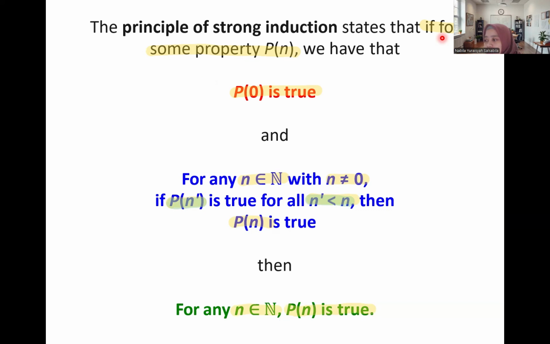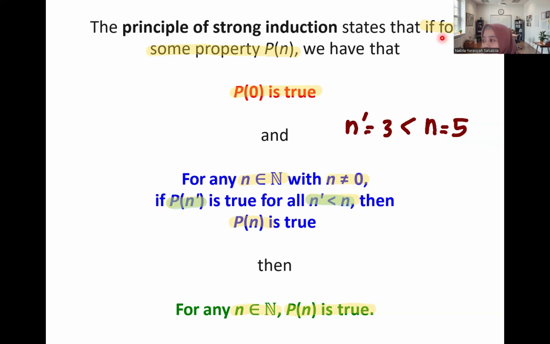For example, suppose we have some natural number n equal to 5. Now we have n' equal to 3, which is less than 5.